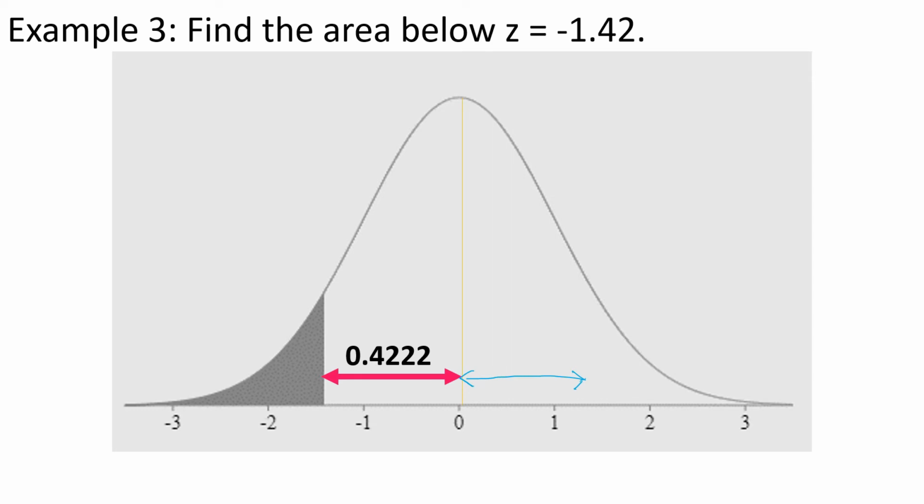Next, since we are asked to solve for the area of the shaded region and not this part, and since the area of each half is 0.5 because they are symmetric, then the area of this region is 0.5, the area of this half, minus the area of the white part, 0.4222. And that is equal to 0.0778. That is the area of the shaded region.